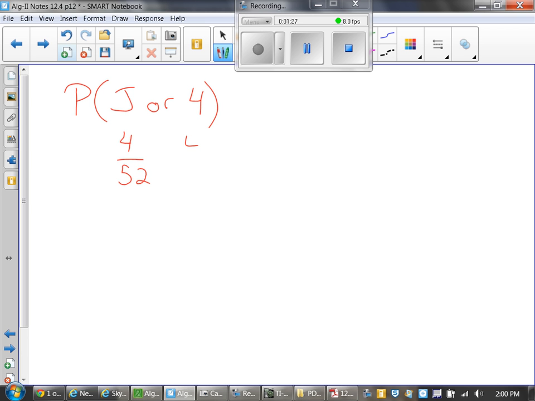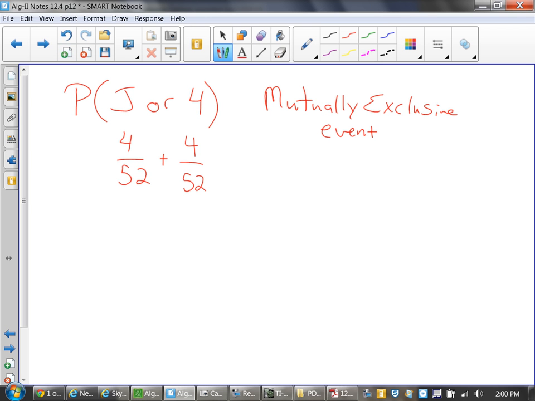Are these completely independent of one another? Are they exclusive to themselves? There's no shared overlap between 4s and jacks, are there? No. So the probability of a mutually exclusive event is nothing more than the two probabilities added together and simplify the fraction.